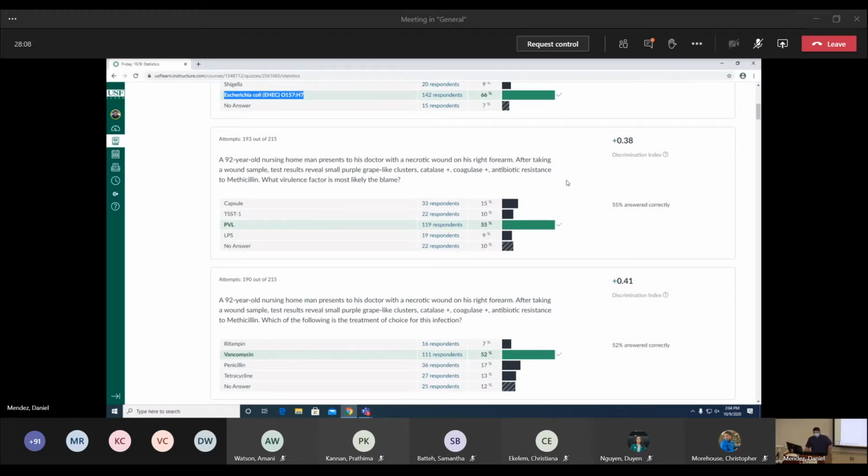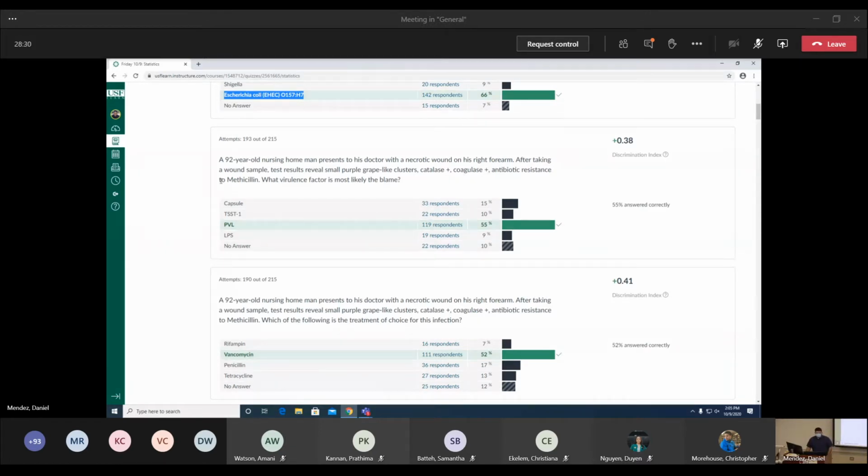So if we go back through and look at our stems here, it's telling us grape-like and purple. So that's going to be gram-positive cocci. Then in clusters, if it's in clusters, that means it's going to be a staph. You only really talked about one strain of staph at all. Catalase positive, another staph, coagulase positive. That should give you more idea.